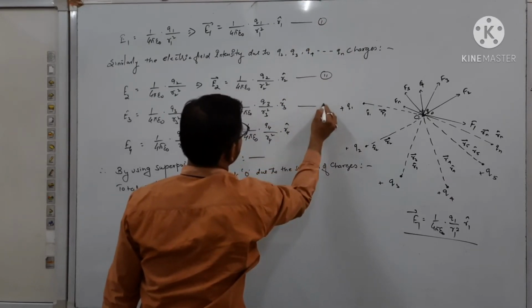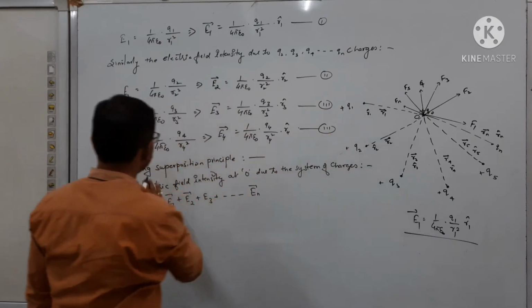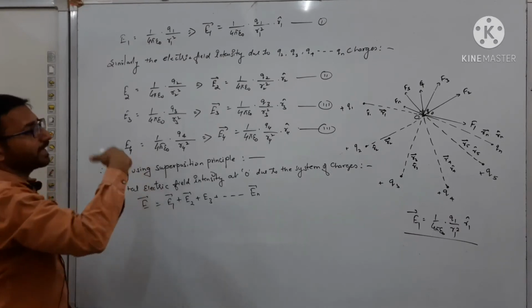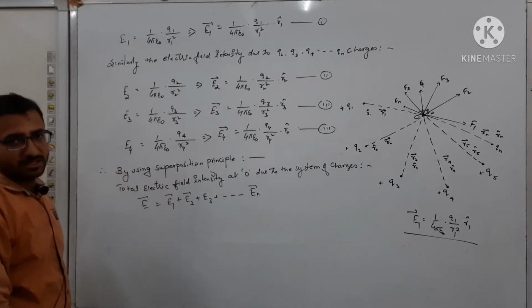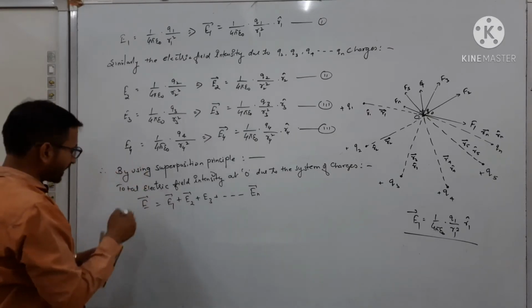This is, you can consider second, then third, then fourth. Similarly, if we want to write this formula for the nth charge, which is here Qn, we can write it here.